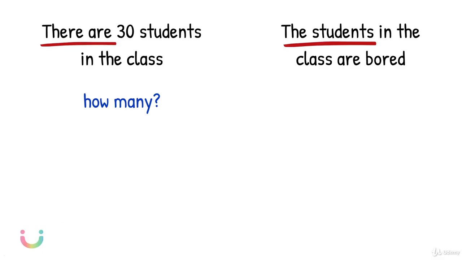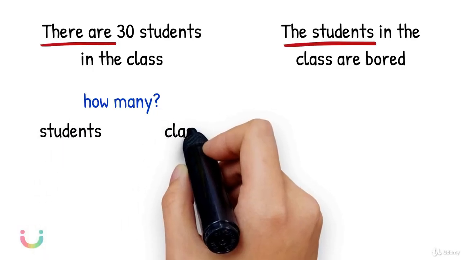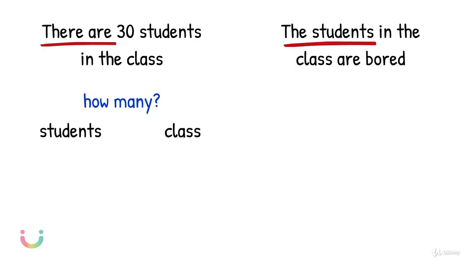What is this sentence about? About students or about the class? It's about the class. We describe that 30 students exist in the class.